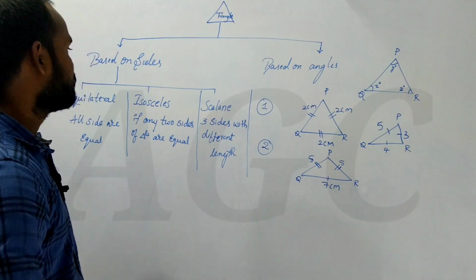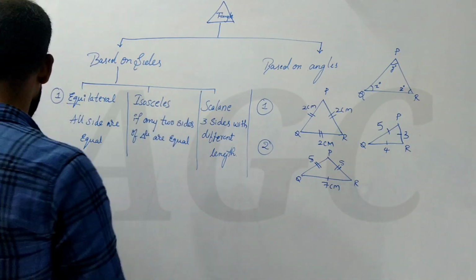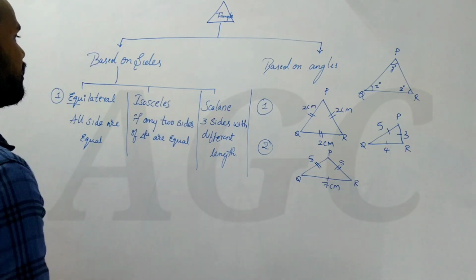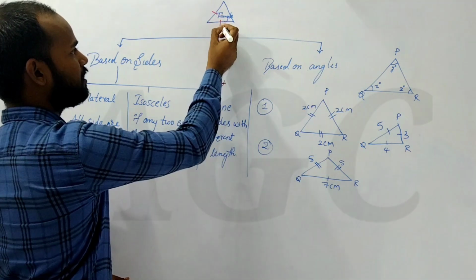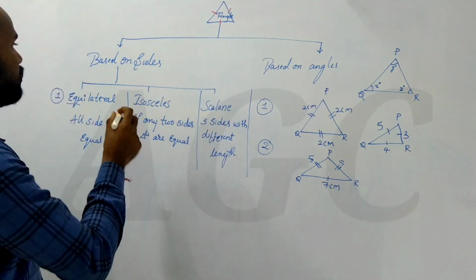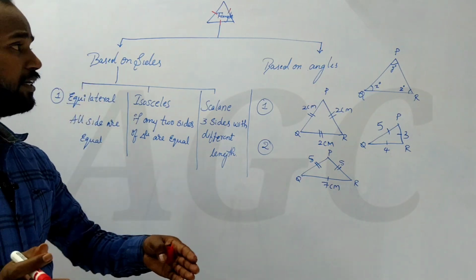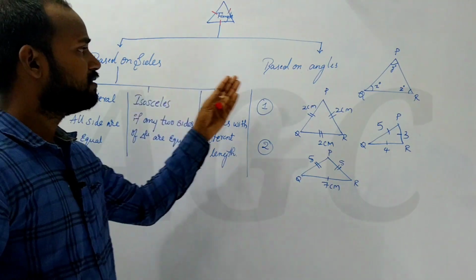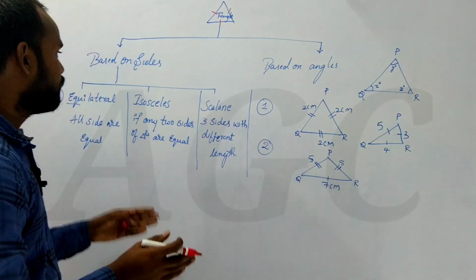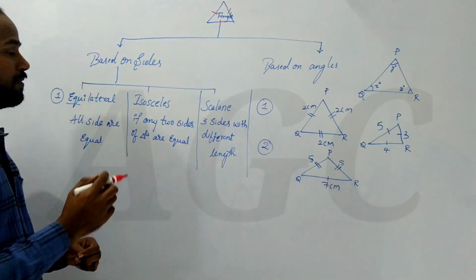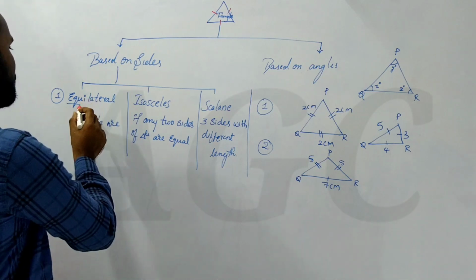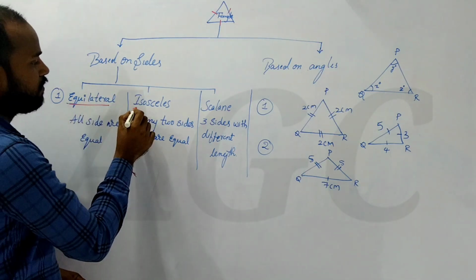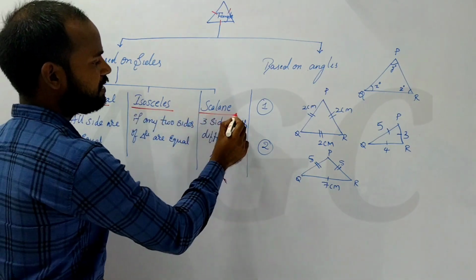Are you clear? Now once again I am going to explain. What is a triangle? A triangle is a combination of three line segments. They are segregated into two types, based on sides and based on angles. Based on sides they are segregated into three types: equilateral, isosceles and scalene.